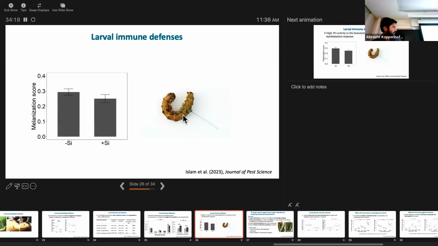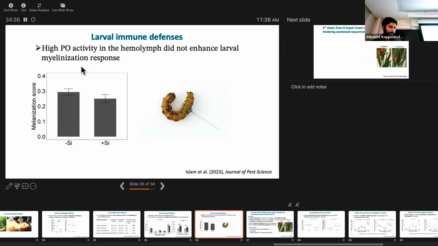We processed those images using ImageJ, and we found that the melanization response was unaffected by silicon. So although they had higher PO activity, they were not able to melanize the implants more strongly compared to larvae that fed on minus silicon plants. So high PO activity actually did not translate to a high melanization response.